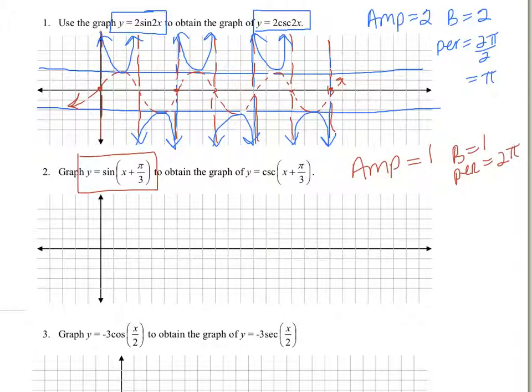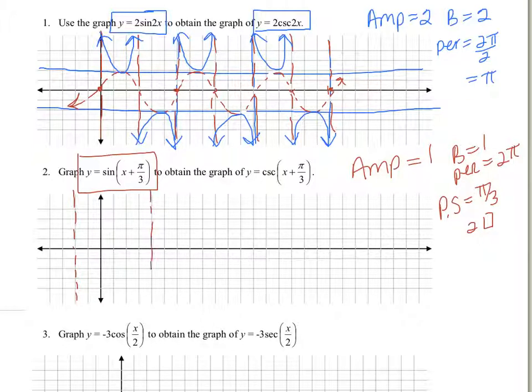So 12 boxes. And the phase shift is going to be pi over 3, which remember is going to be 2 boxes because it's 2 times pi over 6. So we'll start by phase shifting back 2 boxes. And then we'll count over 12 boxes for the period.